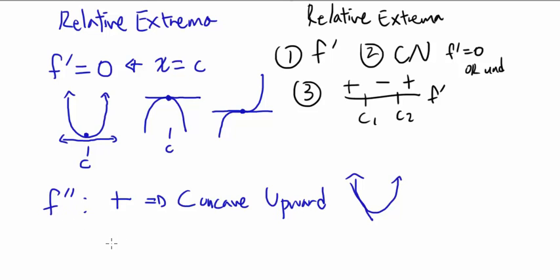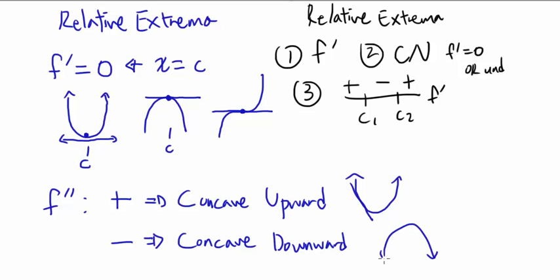If f double prime was negative, the graph was concave downward, and concave downward looks something like this. The graph lies below the tangent line, or the tangent line lies above the graph, and the graph looks like an upside down U. I already told you, an easy way to remember is concave upward is a smiley face, while concave downward, because you're downhearted, is a frowny face.